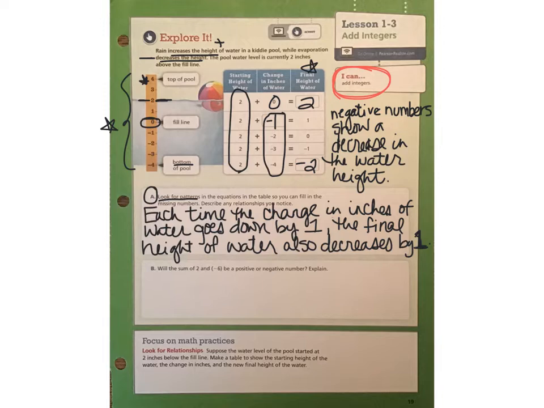Essentially, what's happening in the table is that each time we change the inches of water by 1, so it's going down an inch, and then it goes down 2 inches, and then it goes down 3 inches, and then it goes down 4 inches. So each time we go down another inch on the table, we also lose an inch on that final height of the water. And you can see that here.